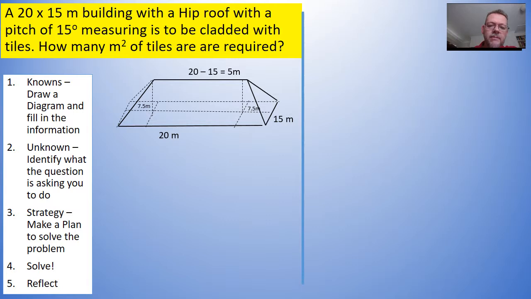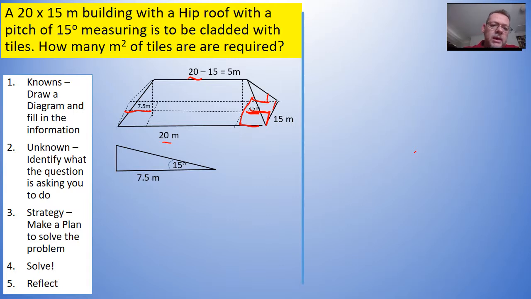Remember, it comes in as a square because these are coming in at 45 degrees. So we're coming in 7.5 meters that side and 7.5 meters that side. That makes 15 meters. So the top of the ridge is the bottom minus that 15, so the top of the ridge is going to be 5 meters.